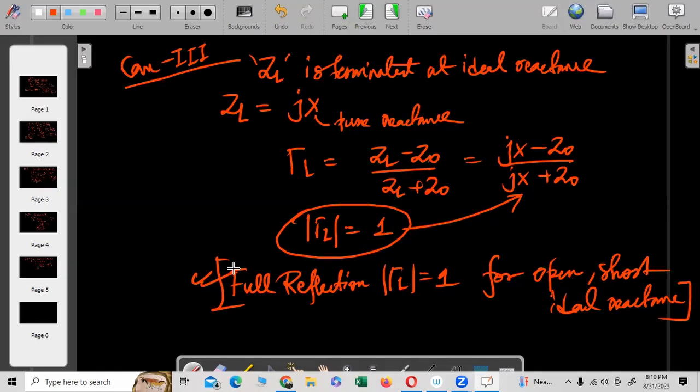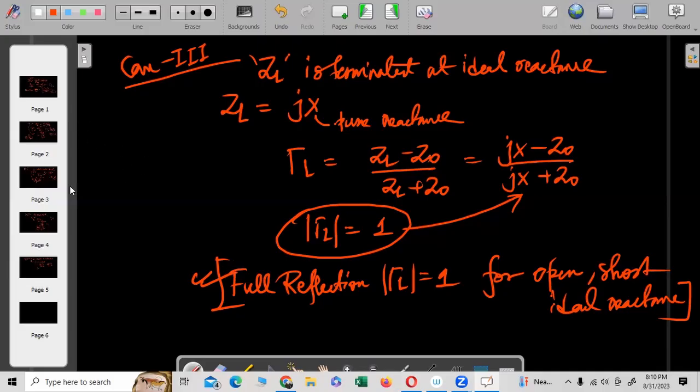One question may come like this: comment on the reflection coefficient if the load is terminated at an ideal reactance, or open circuited or short circuited, and what happens to your reflection coefficient and your VSWR.